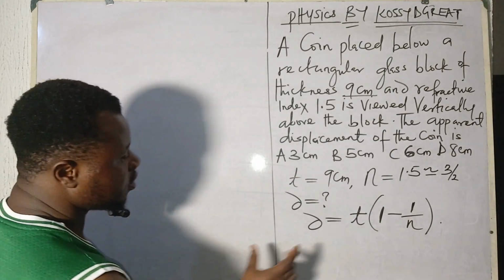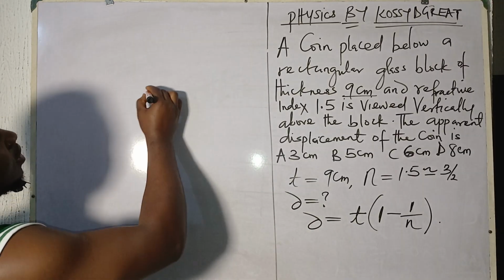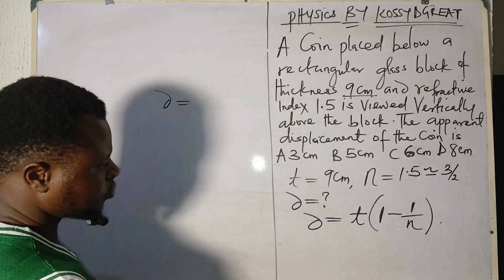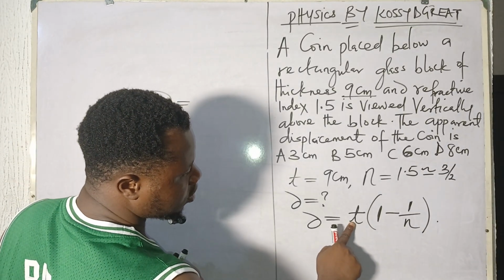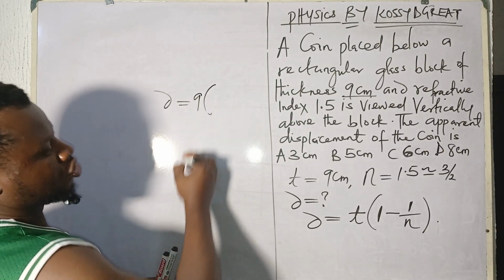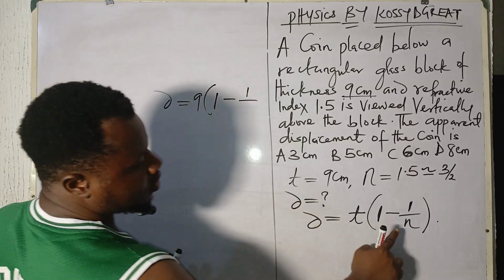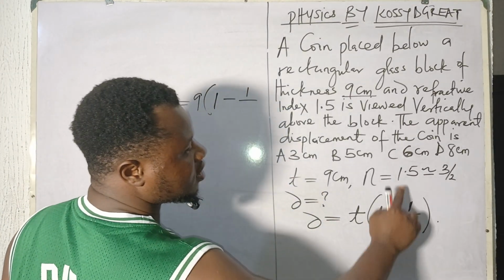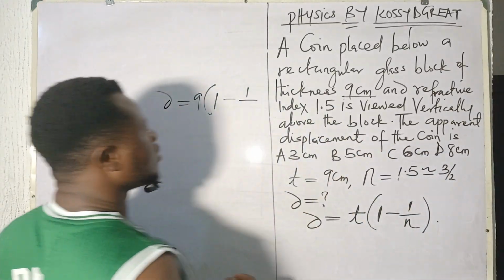Now, when we know this formula, let's substitute and get the value. The displacement is equal to, the thickness of the block is 9, so we have 9 times the bracket of 1 minus 1 over the refractive index, which is given as 1.5, the same thing as 3 over 2.